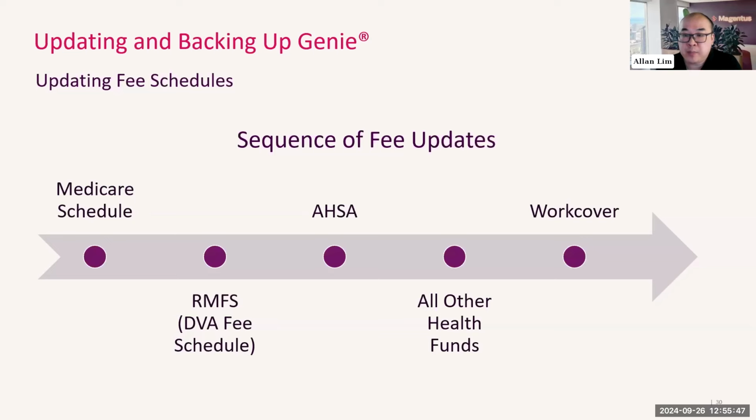The sequence of fee updates should be the Medicare schedule first, as this ensures that any new MBS codes are imported into the Genie system, followed by the DVA Department of Veteran Affairs fees, then the AHSA, which covers the majority of your health funds, then all other health funds such as Bupa, HCF, Medibank Private, NIB, and any other smaller regional health funds, and finally, any work cover fees that may be required in your state.